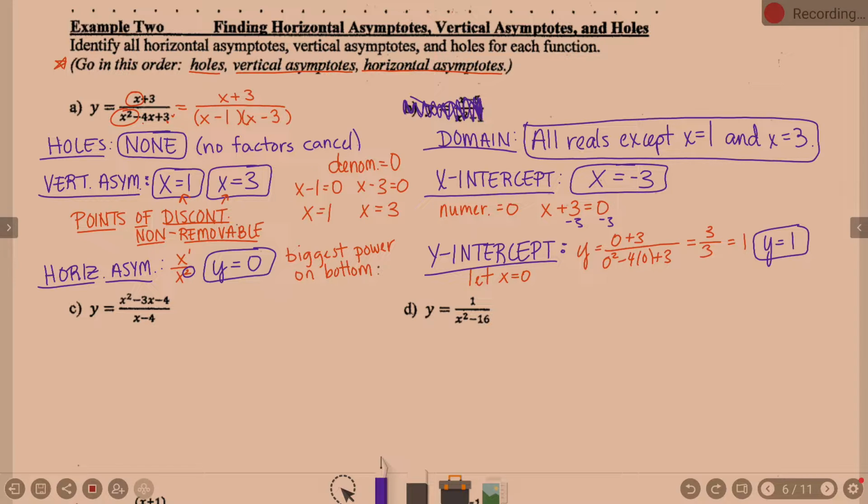I just realized I wrote my y-intercept as 1. If I had to guess, they're going to want an ordered pair, aren't they? What's an ordered pair if y equals 1? 0 goes in for x. So they might want you to say 0, 1. I don't require that, but they might.